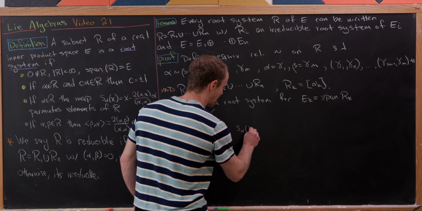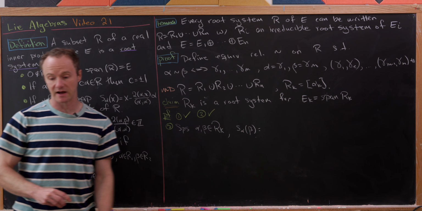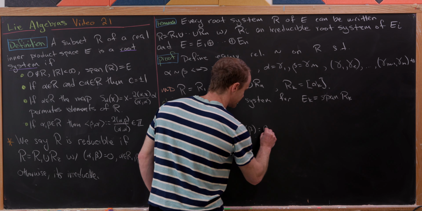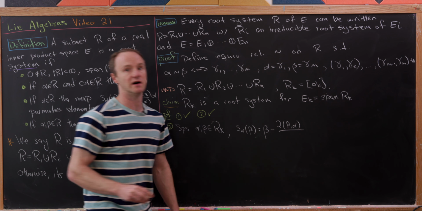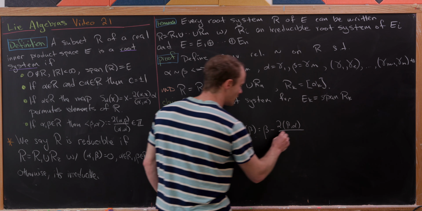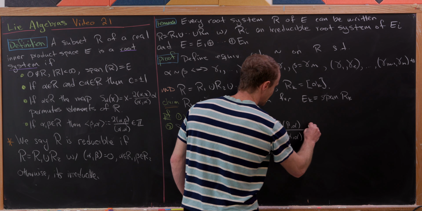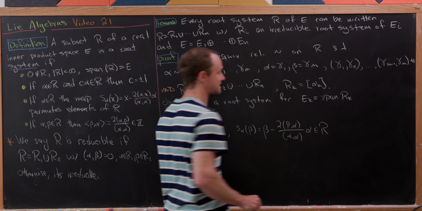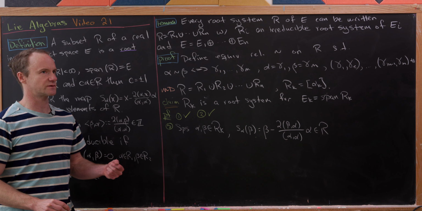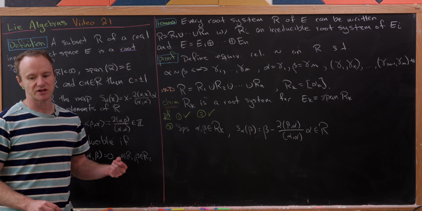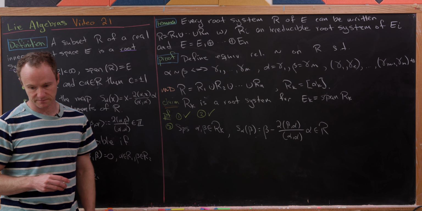If we apply S_alpha to beta, we get beta minus 2 times the inner product of beta with alpha over alpha with alpha, in the alpha direction. And this is inside of R, because S_alpha was a permutation inside of the big root system.